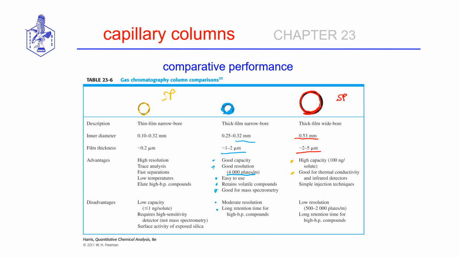They're best for your simpler injection techniques, and the downside is they give you the least resolution amongst the capillary columns, like 500 to 2,000 plates, and longer retention times for higher boiling point compounds.